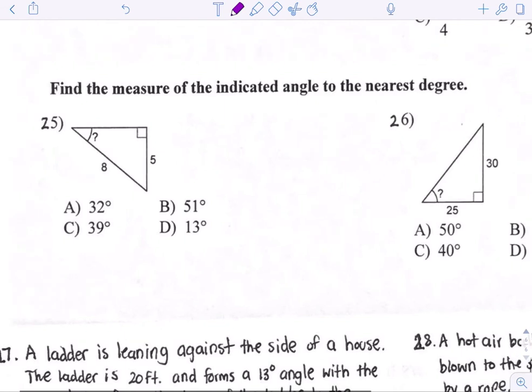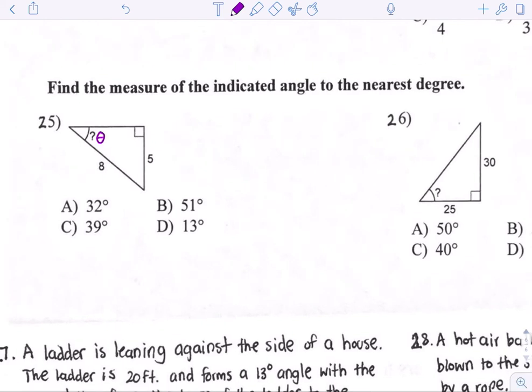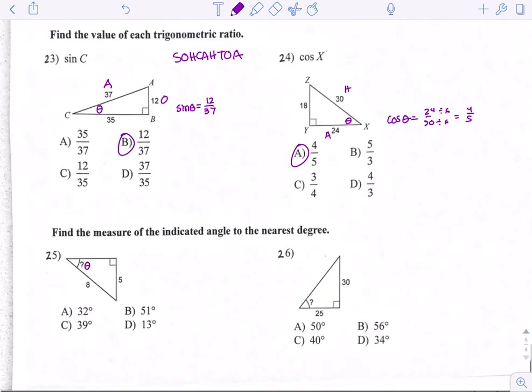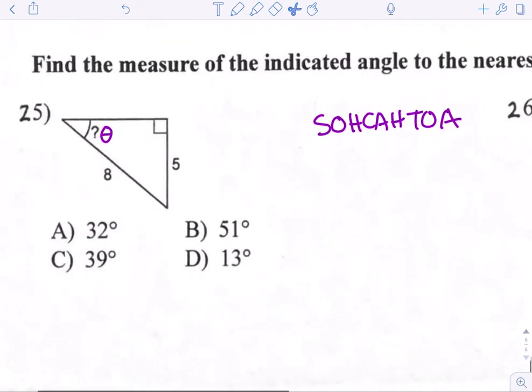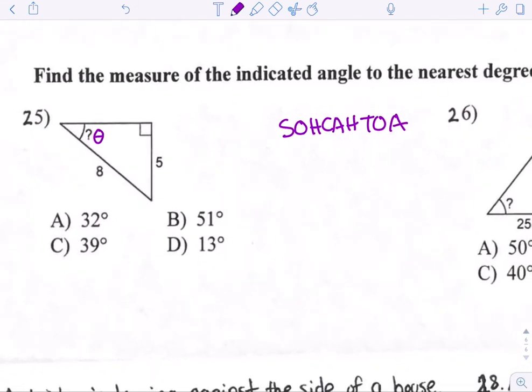All right, 25, find the angle measurement. So I'm going to put my theta there. In the perspective of this angle, I'll bring SOHCAHTOA back. Opposite and hypotenuse, information at O and H, which means sine of theta is equal to 5 over 8.